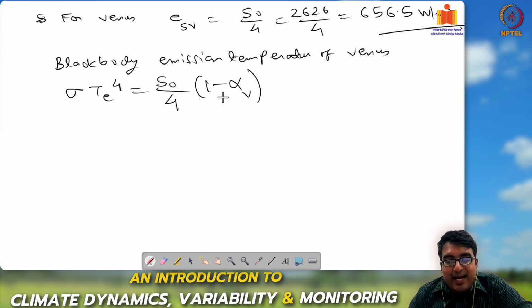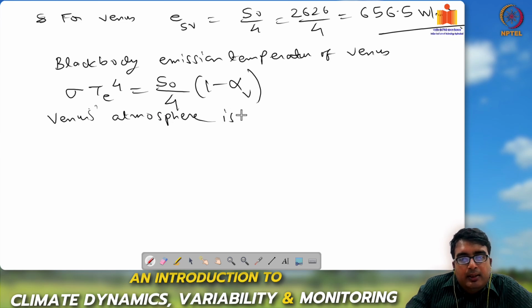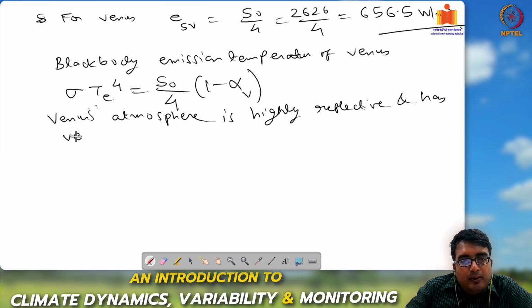If you see in the sky, Venus is the brightest planet in the solar system as seen from Earth. And this is not only because Venus is quite close to Earth, which is true, but also because it has a very high albedo value. Venus's atmosphere is highly reflective and has very high albedo.